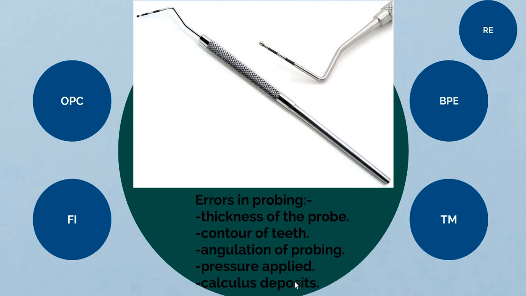The extent of inflammation is also important. A probe will more easily penetrate the pocket epithelium and the adjacent connective tissue when the tissue is inflamed.